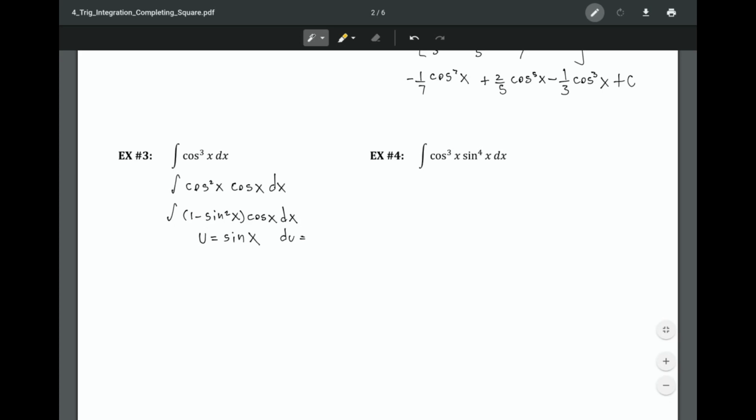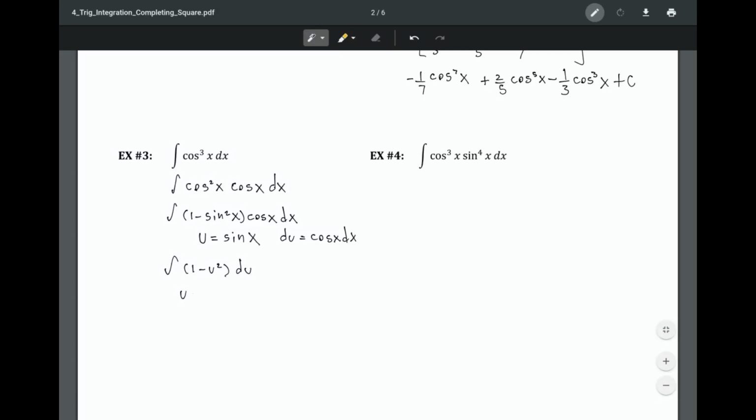The derivative of sine is cosine of x dx. So now I'm going to use substitution. I have 1 minus u squared, and cosine of x dx is just du. Oh, that's great, so it's a pretty short one then. After that, I'm just going to go ahead and take the antiderivative.